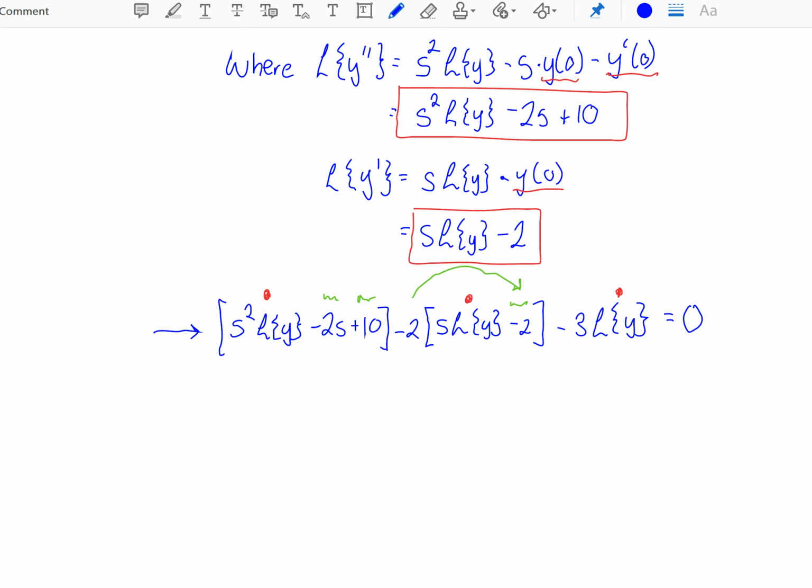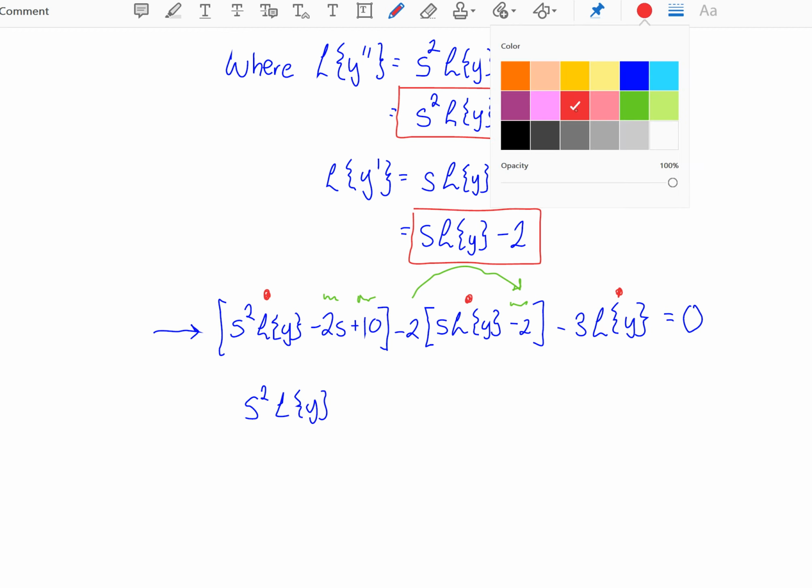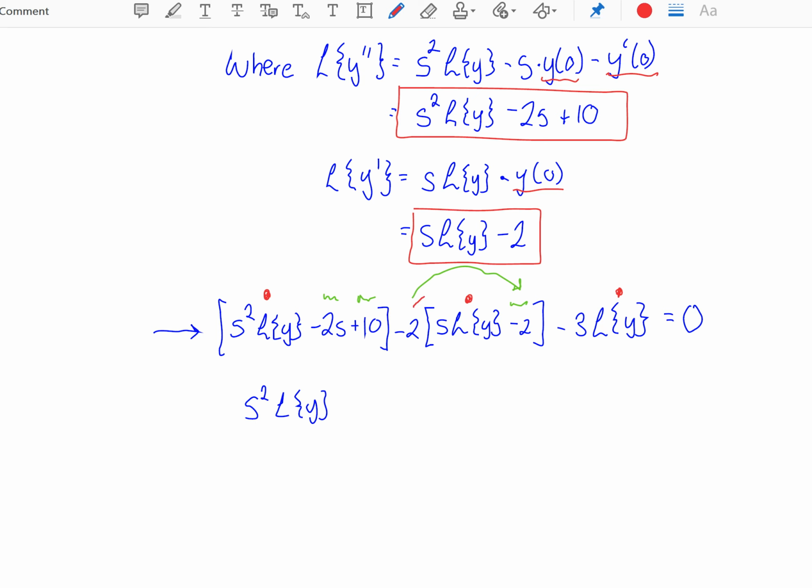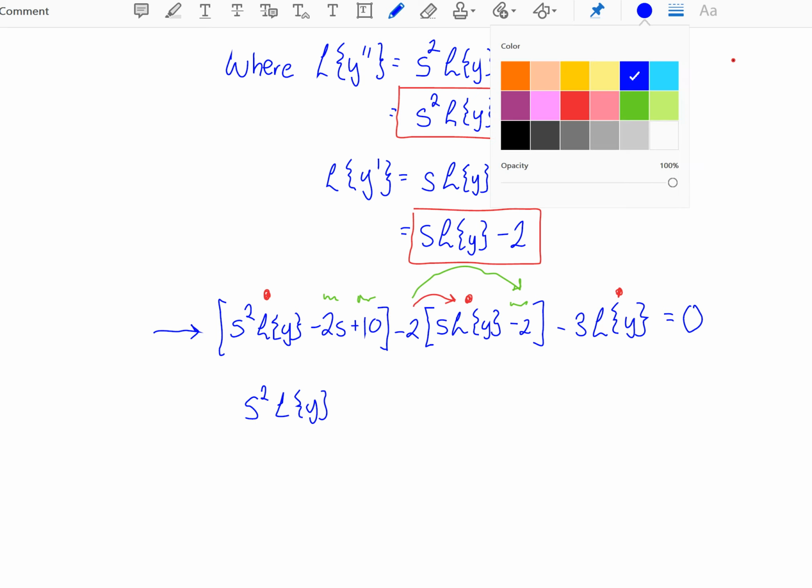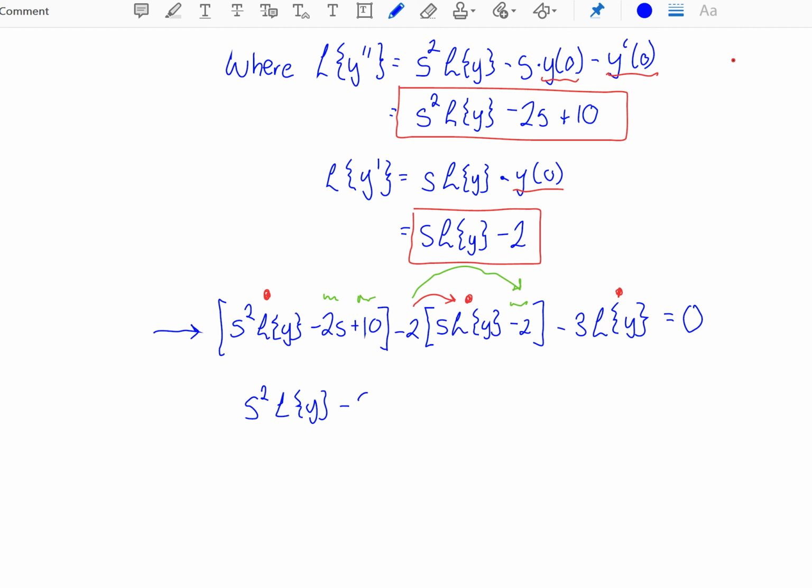So terms that involve the Laplace of y will be s squared Laplace of y. Again, don't forget to distribute the negative 2. So minus 2s Laplace of y minus 3 Laplace of y.